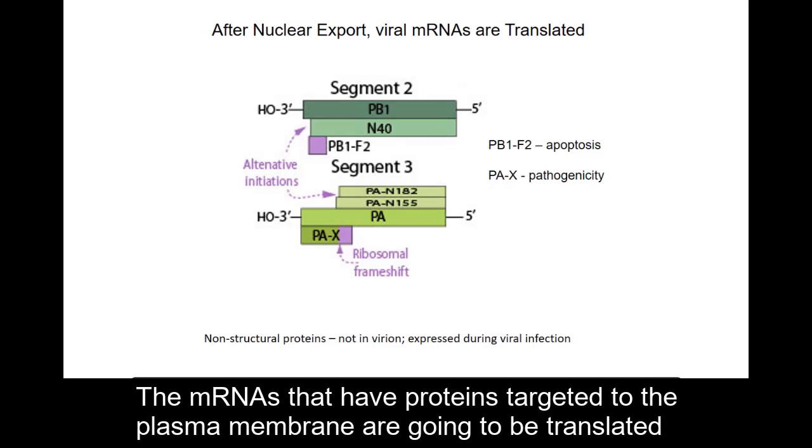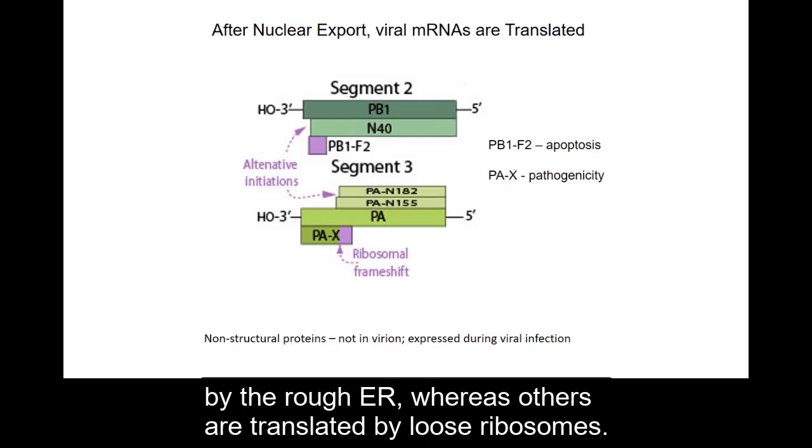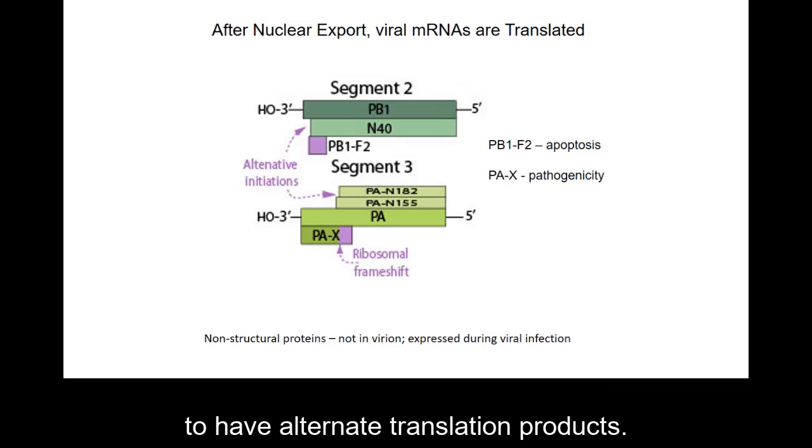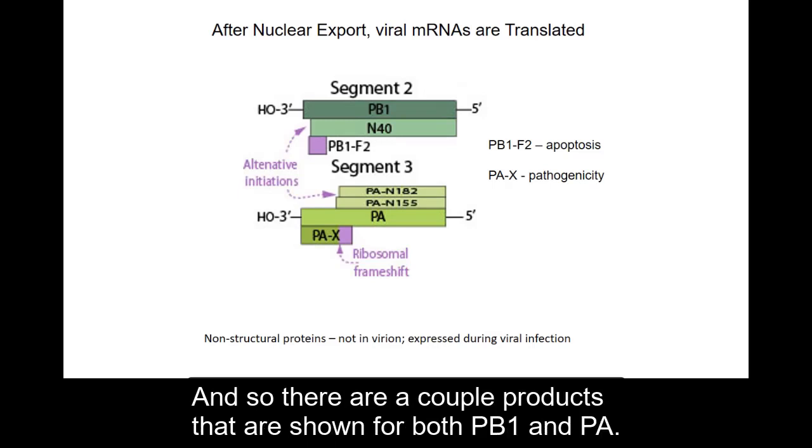The mRNAs that have proteins targeted to the plasma membrane are going to be translated by the rough ER, whereas others are translated by loose ribosomes. But what I'm showing you here are the two segments that are known to have alternate translation products. And so there are a couple products that are shown for both PB1 and PA.